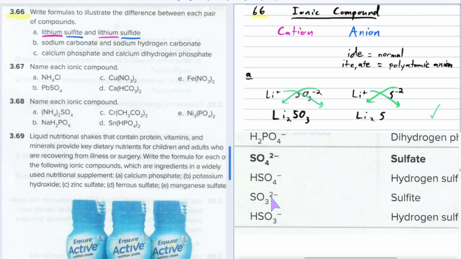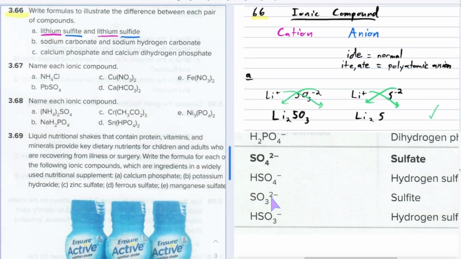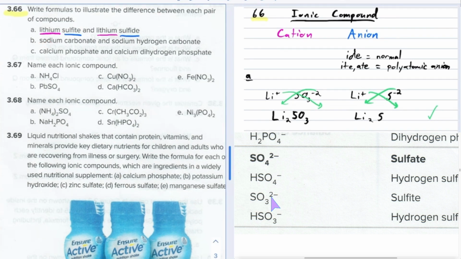Check. So let's see if we can go more quickly for B. The first step is writing what these ions are. So you got your cations and your anions. The cations are pretty easy. Let's just write those down.